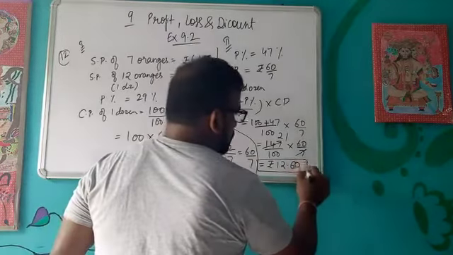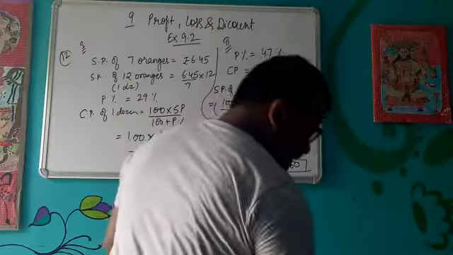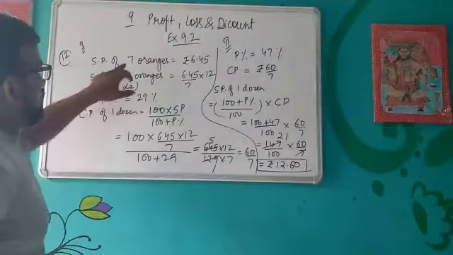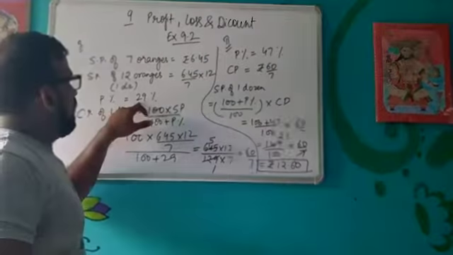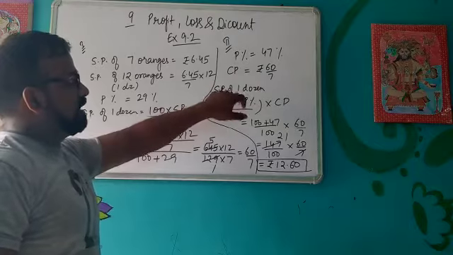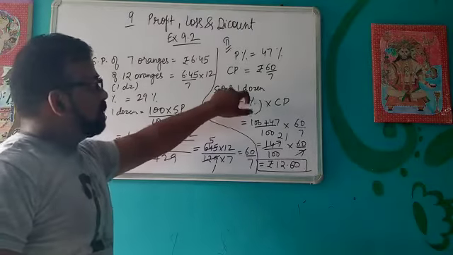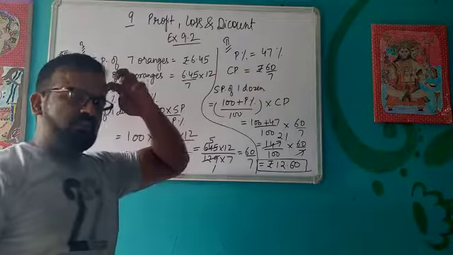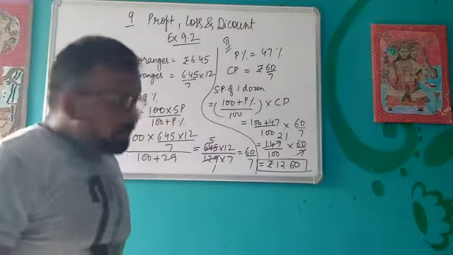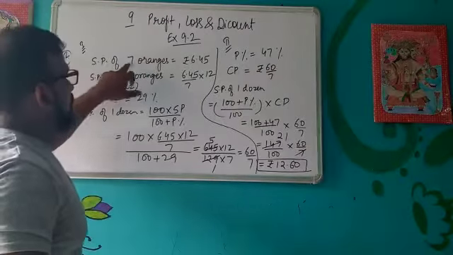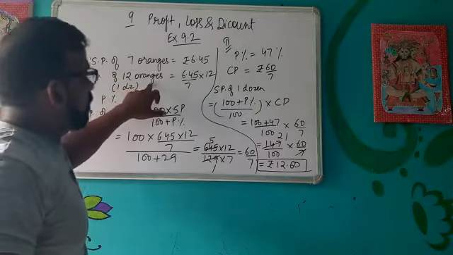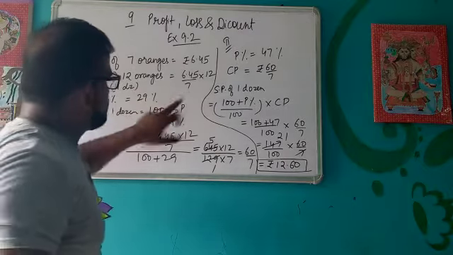Okay. So one more time I am repeating it. Selling price of 7 oranges was given, profit percent was given, and I have to calculate the selling price of 1 dozen, so that the profit will be 47%. So one thing that will remain constant will be the cost price of these oranges. So I have calculated the selling price of 1 dozen, that is 12 oranges, by using the unitary method.